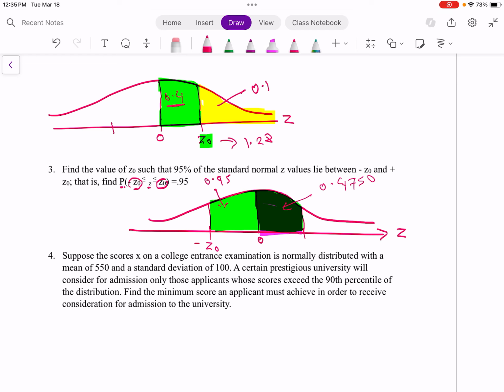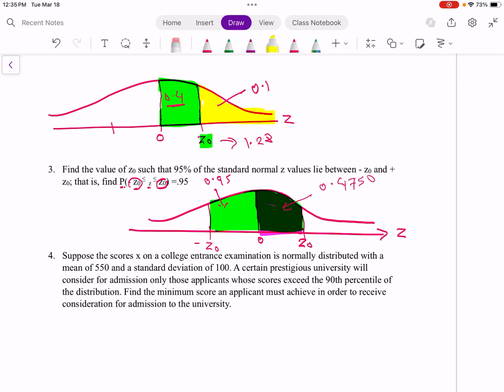So now you use a G table. Look for the number closest to 0.4750. Before that, what is the closest number? Give me the closest number. 0.4750, exactly.